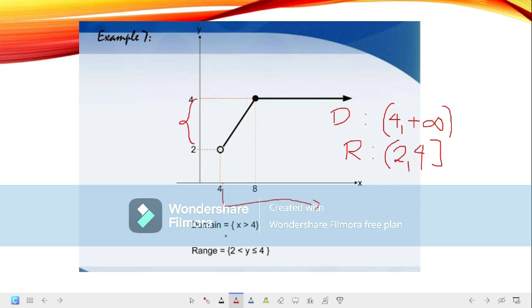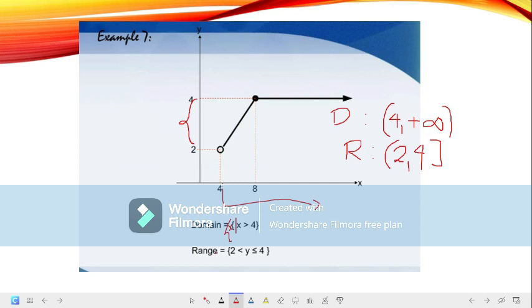So here, let us proceed to the set builder notation. For the domain, we have the set of all x's such that x is greater than 4. Okay, this is how we're going to write it to make it complete.